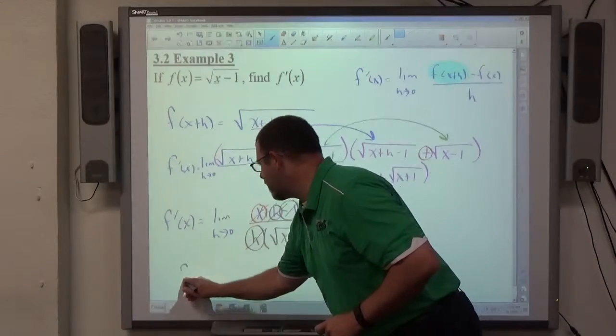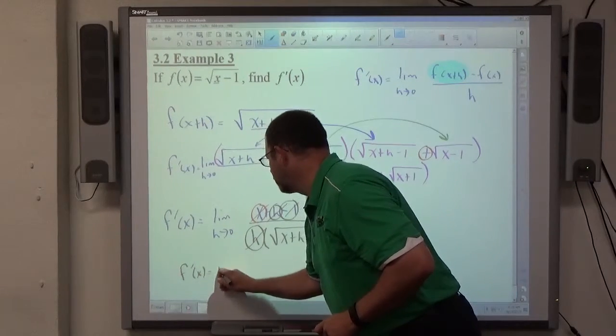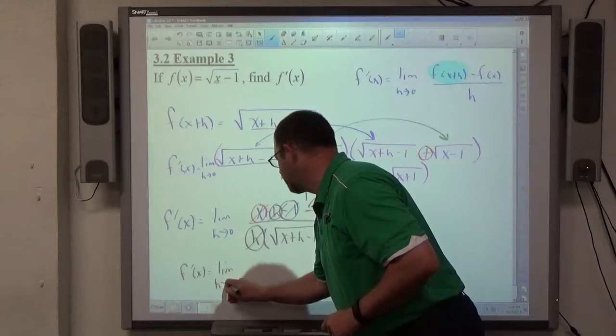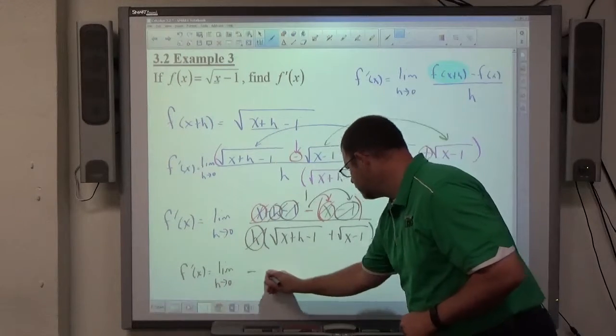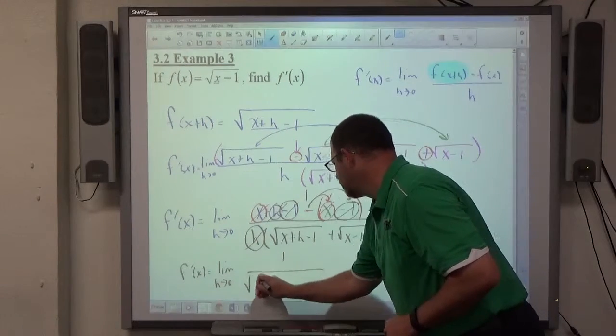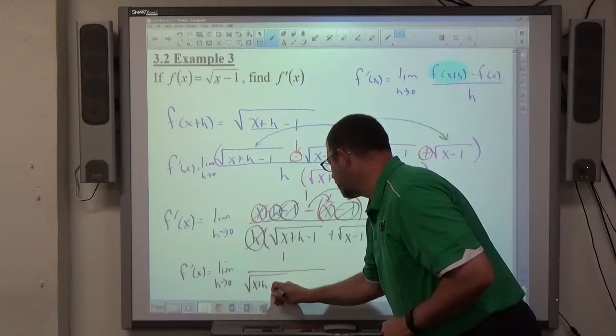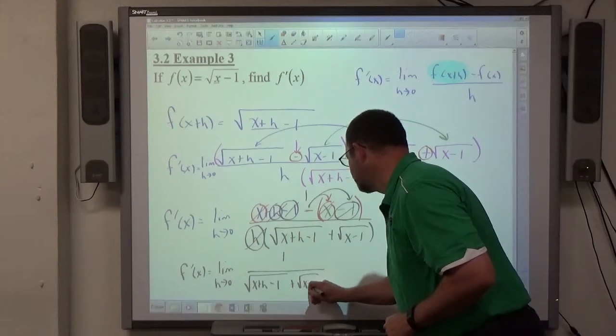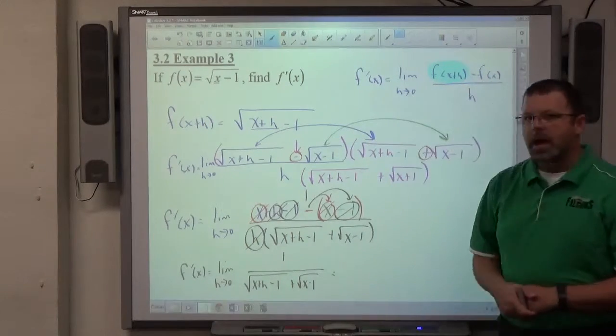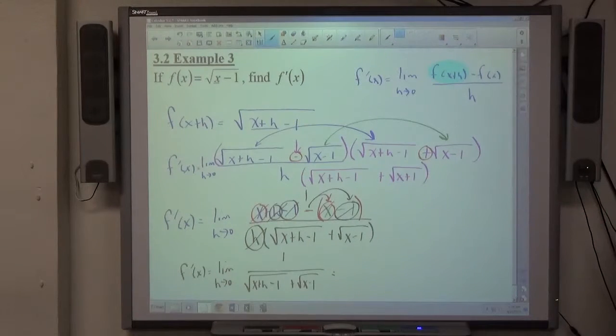So I get f prime of x equals limit as h approaches 0 of 1 over the square root of x plus h minus 1 plus the square root of x minus 1. At this point, the h all by itself is off the bottom.